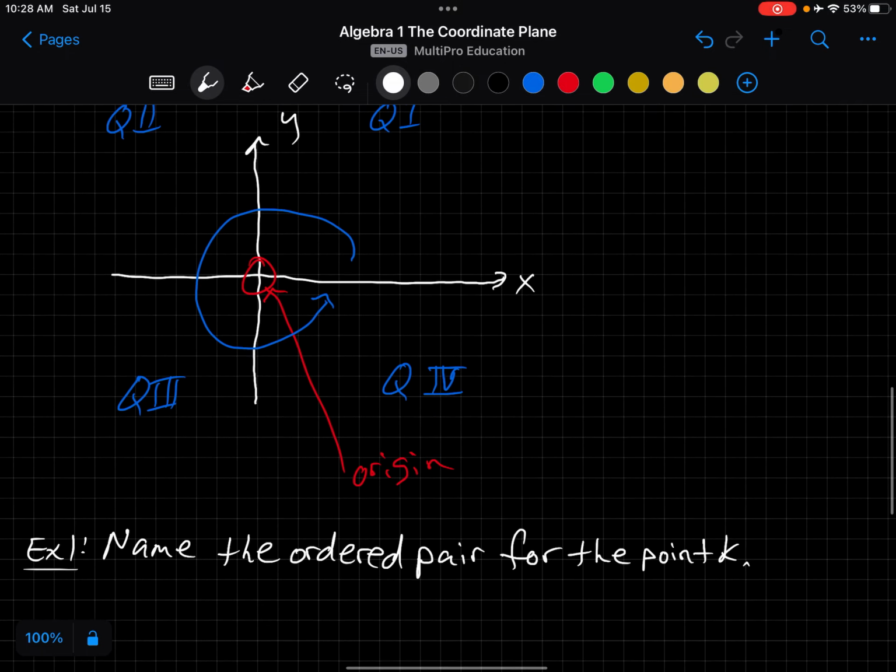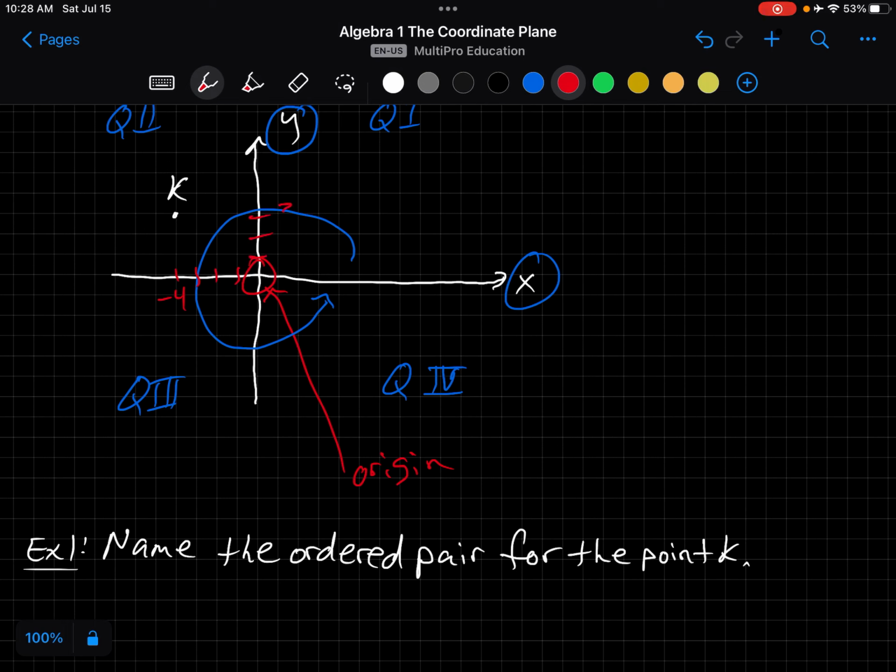Alright, so let's go back up here and let's say that K is right here. Okay, this is point K. Alright, so we do X first and then we do Y when we do the coordinates for the ordered pair. Alright, so what we gotta do is we count 1, 2, 3, 4. So that's -4.